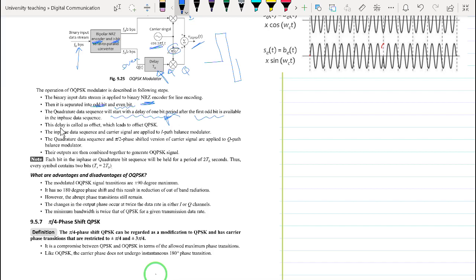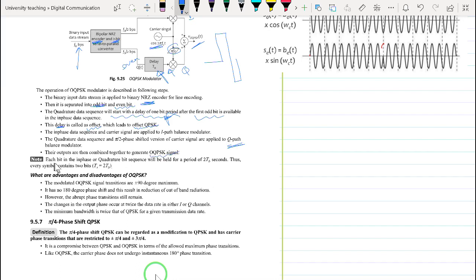And therefore, this delay is the one that gives the name offset to QPSK. Therefore, it becomes called OQPSK, and the in-phase sequence is applied to the in-phase path balanced modulator, the quadrature data sequence is multiplied with the 90 degrees phase shifted version of the carrier signal to form the Q path or the quadrature component of the OQPSK, and the outputs are summed together to form the OQPSK.